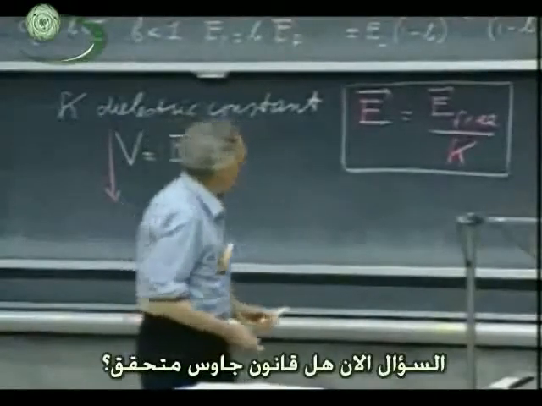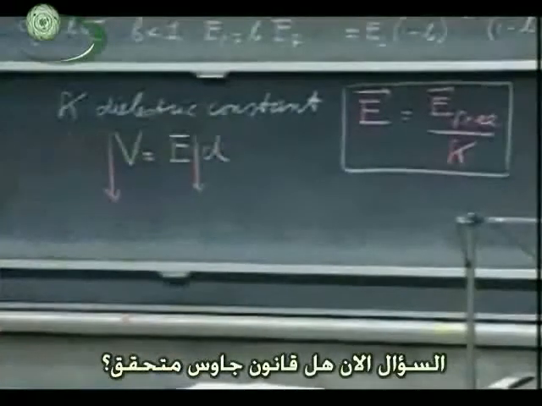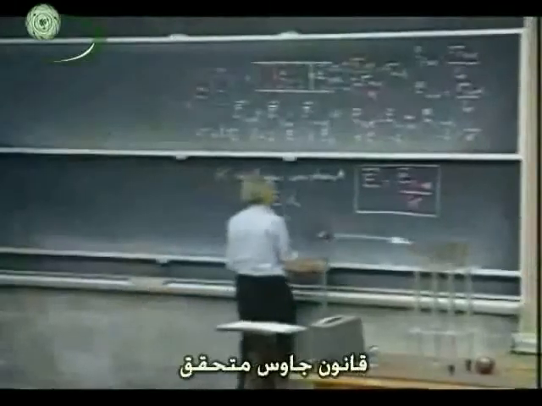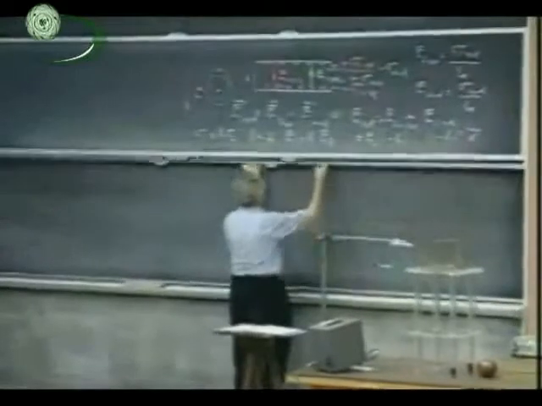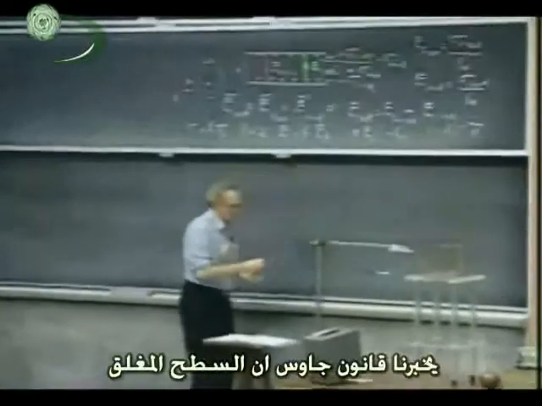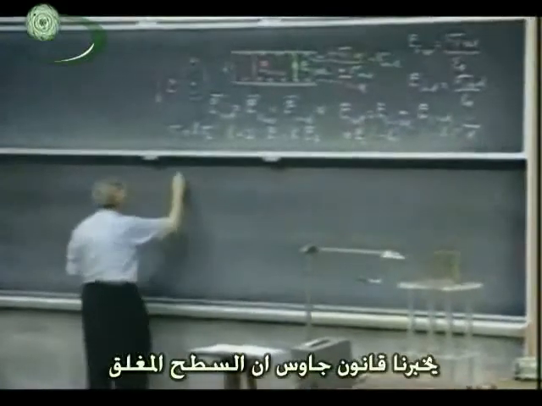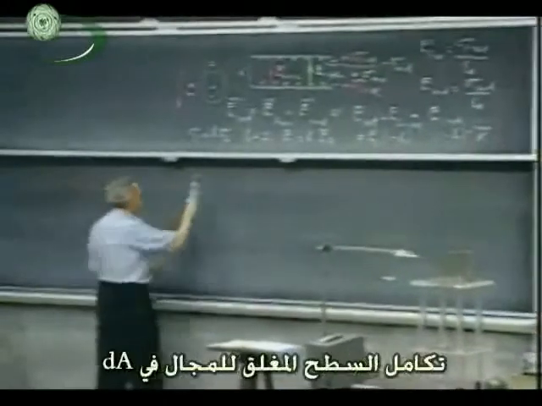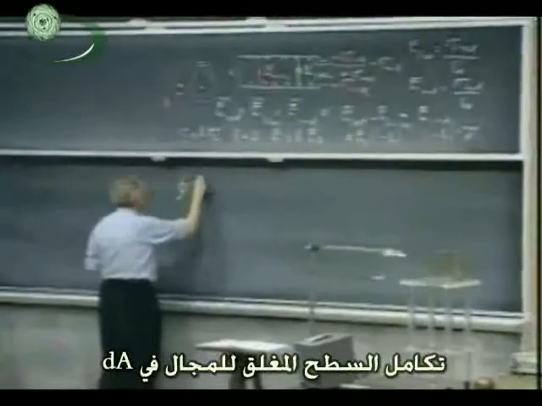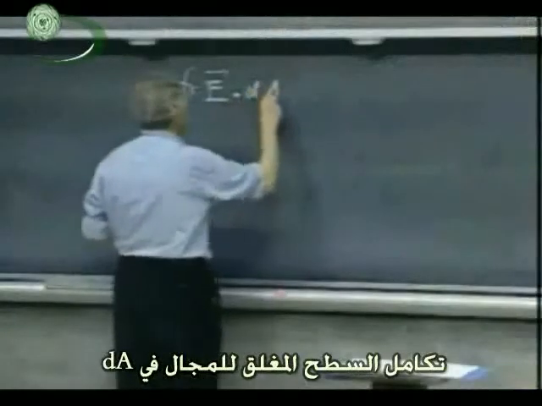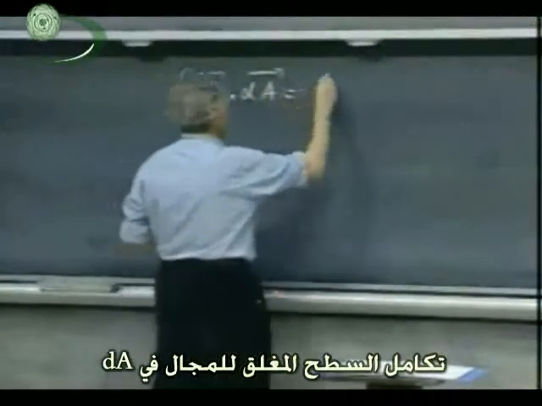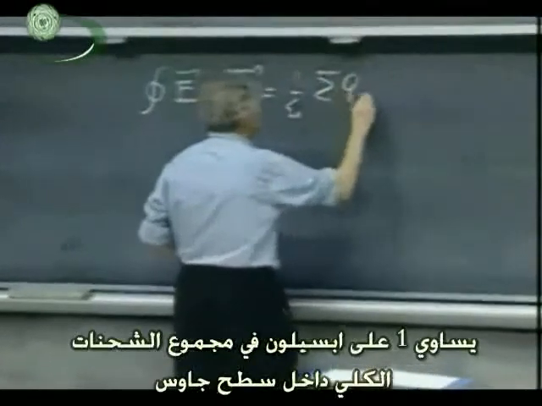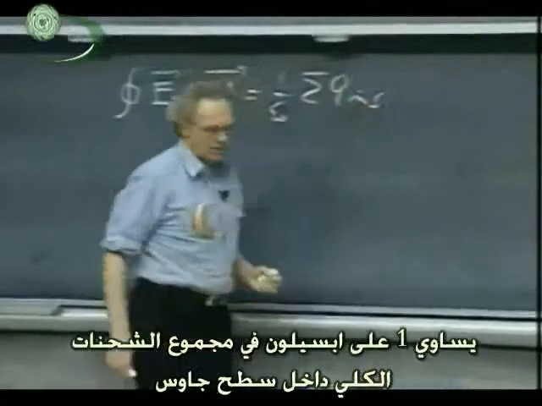The question now arises, does Gauss' law still hold? And the answer is yes, of course. Gauss' law will still hold. Gauss' law tells me that the closed surface integral of E dot dA is 1 over epsilon 0 times the sum of all the charges inside my box.